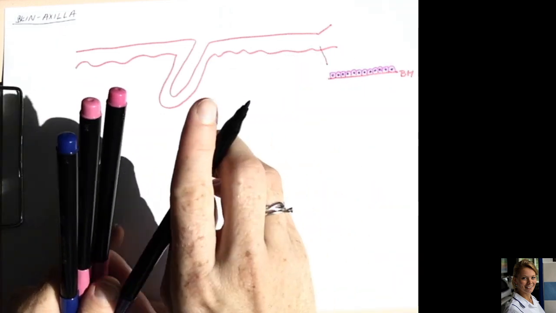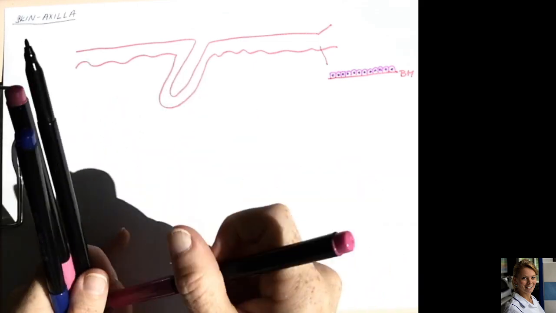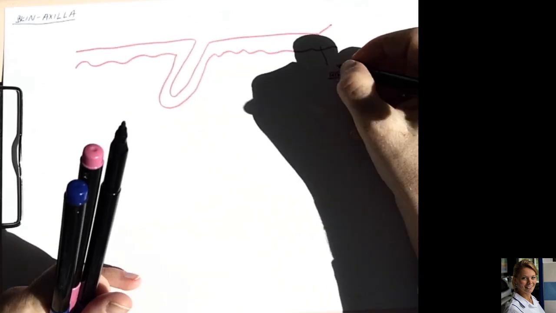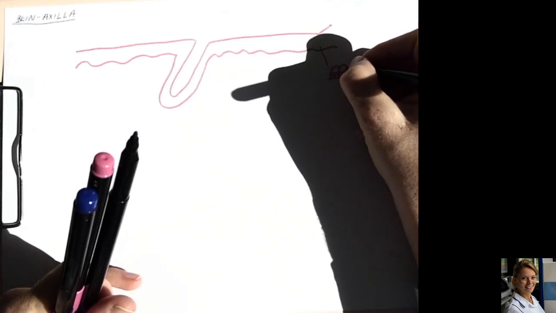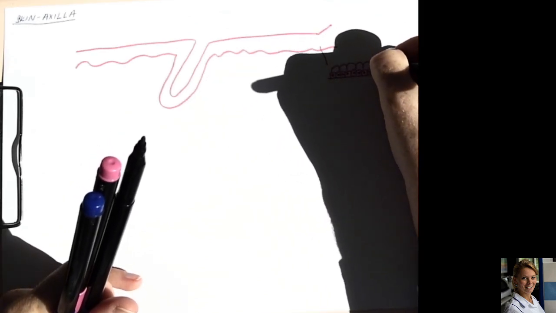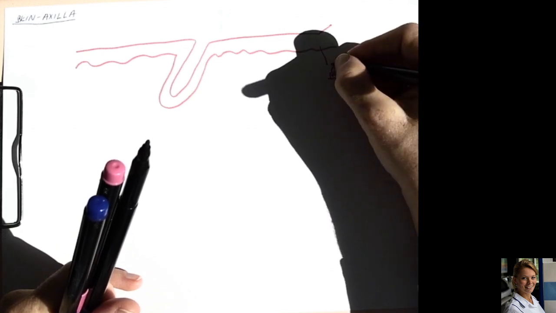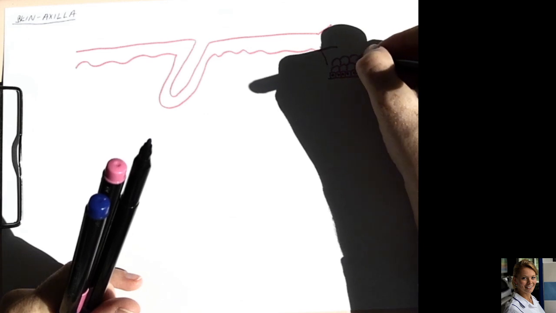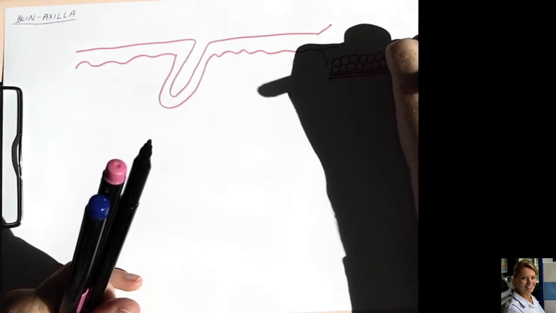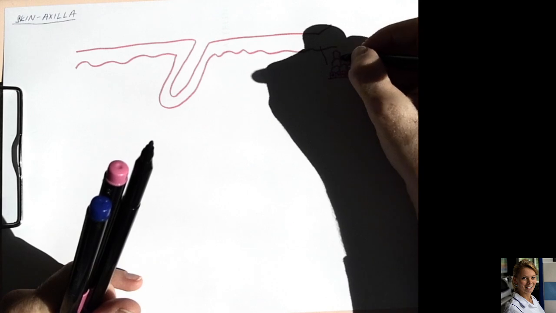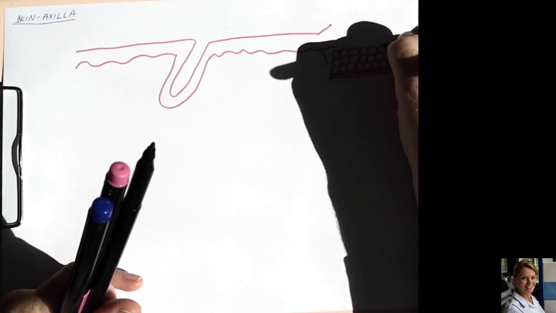The next layer, stratum spinosum, is composed of several layers of bigger polyhedric keratinocytes joined together with desmosomes.